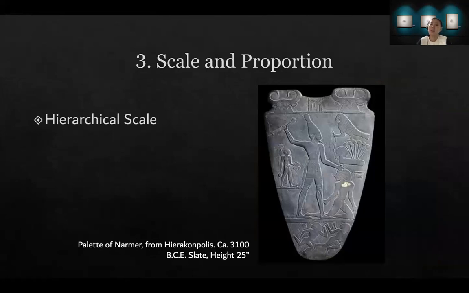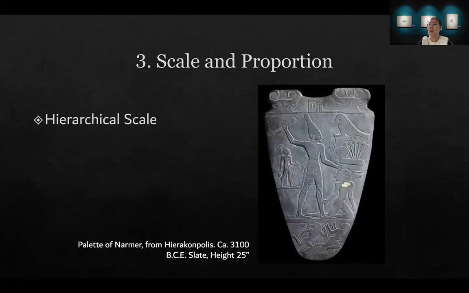And now let's see the hierarchical scale. So this is palette of Narmer by ancient Egyptian. This is more popular as the Narmer's pose, which is the typical of Egyptian art. So when depicting an important personage, the Egyptian artist strove to show each part of the body to best advantage so that it could be read clearly by the viewers.